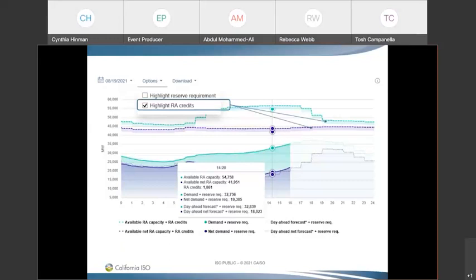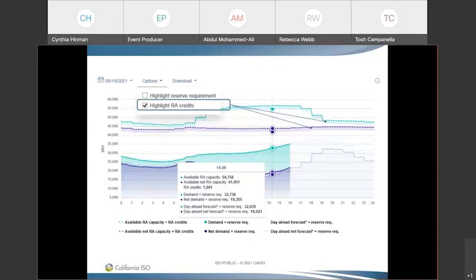If you click the highlight RA credits box, it does a couple of important things. Not only does it highlight the RA credits on the dotted bars of the graph, but it also shows the megawatt quantity of the RA credits for the selected time. So you can see right there, the RA credits are 1,861 megawatts for the time that I selected.